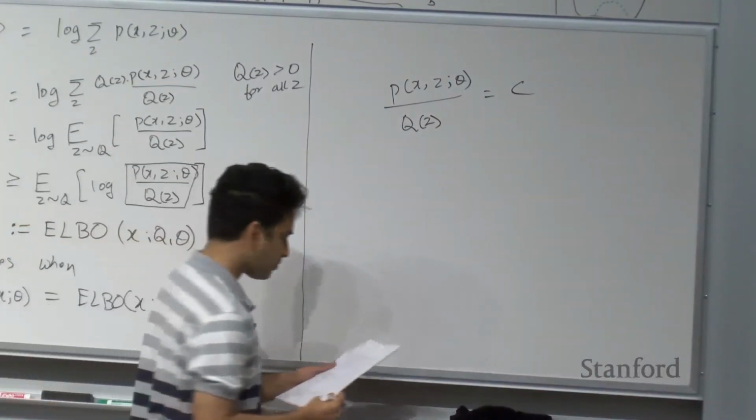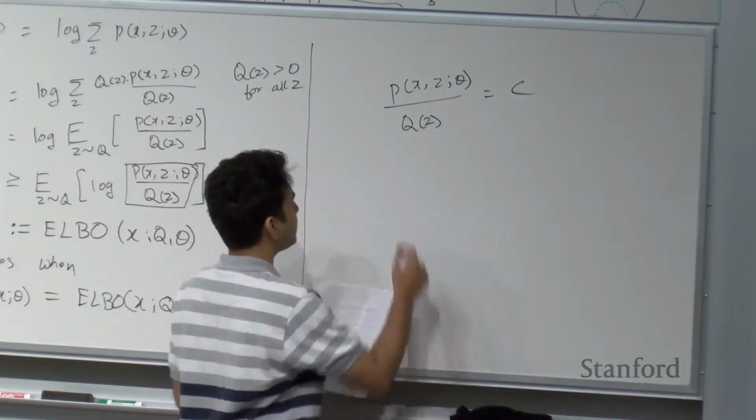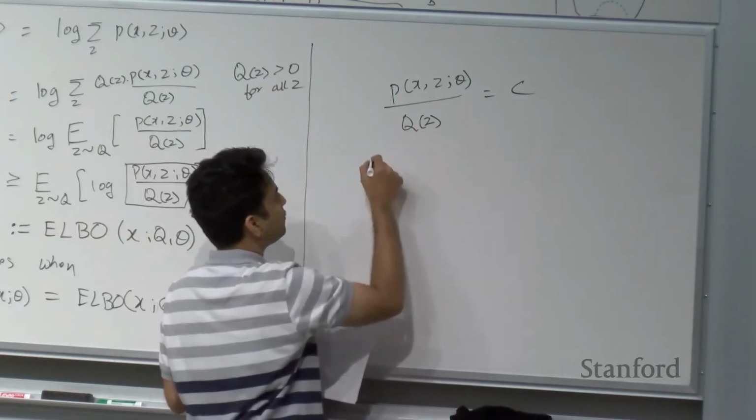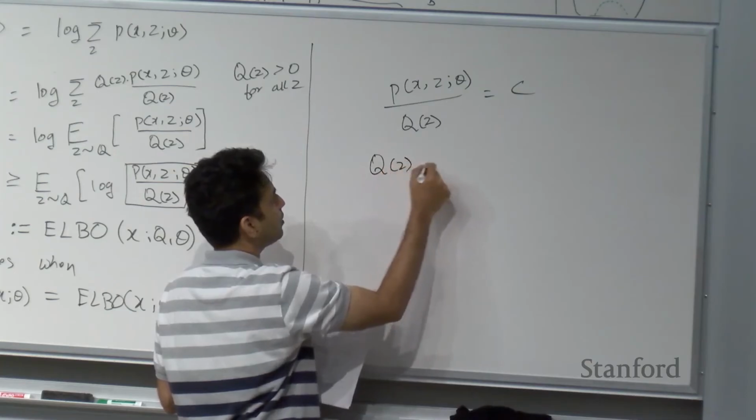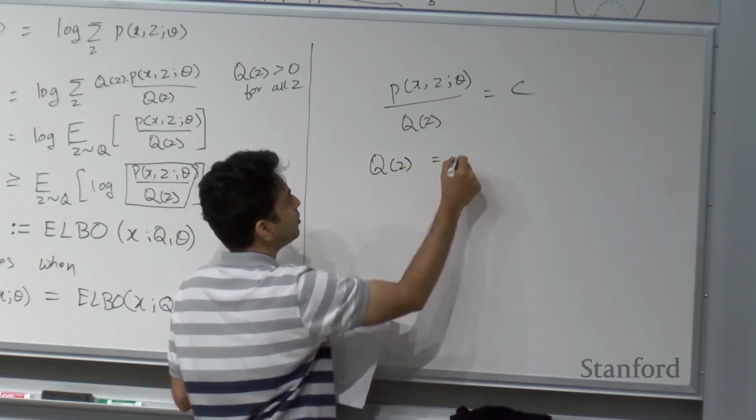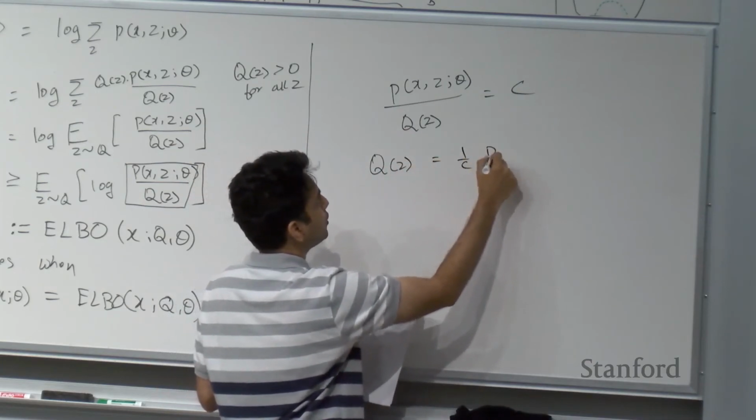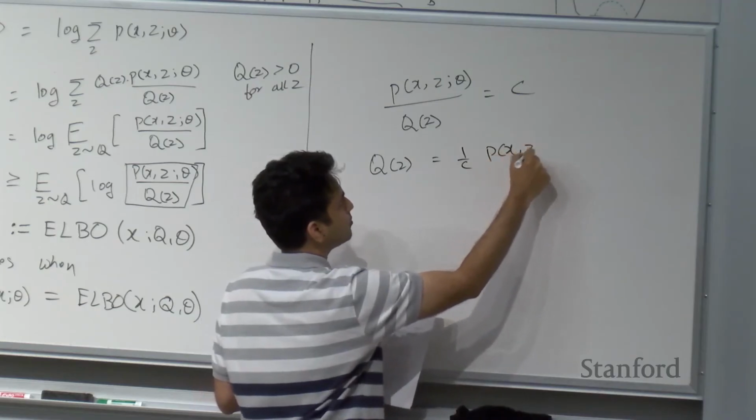And now this implies that q of z is equal to 1 over c times p of x comma z.